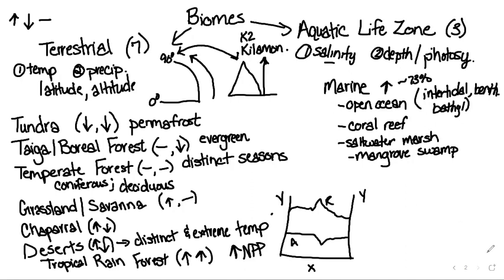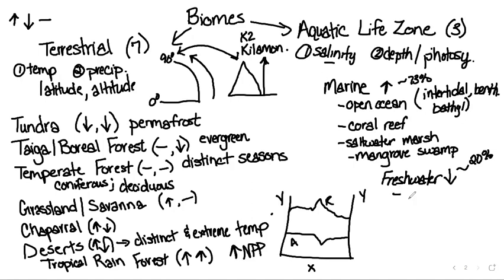The next one is going to be your freshwater life zones. Freshwater life zones have a low salinity. Probably around 20-ish% of the aquatic life zones are made up of fresh water.